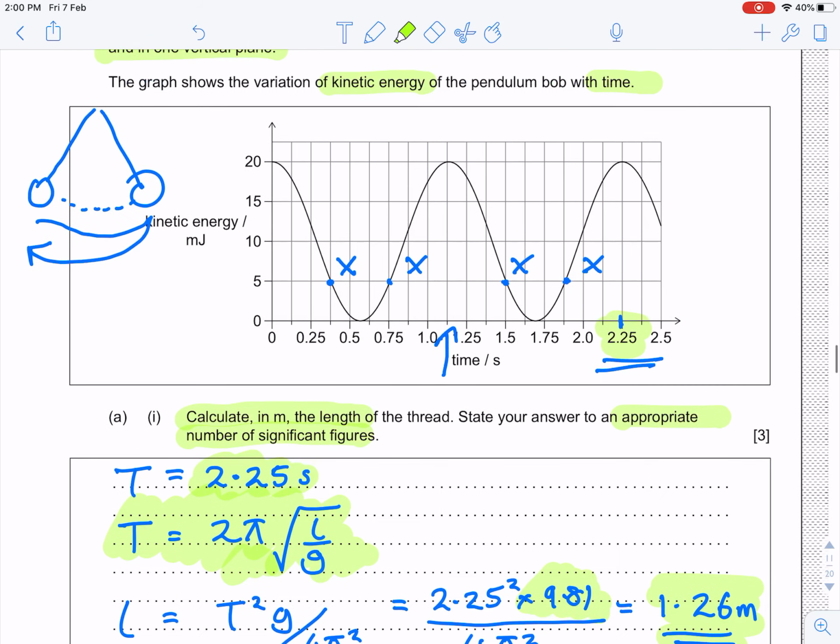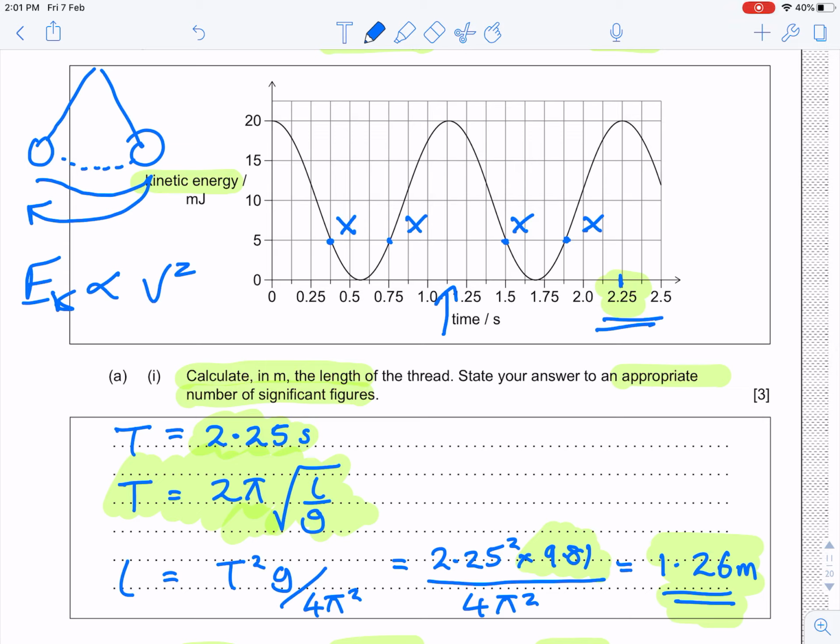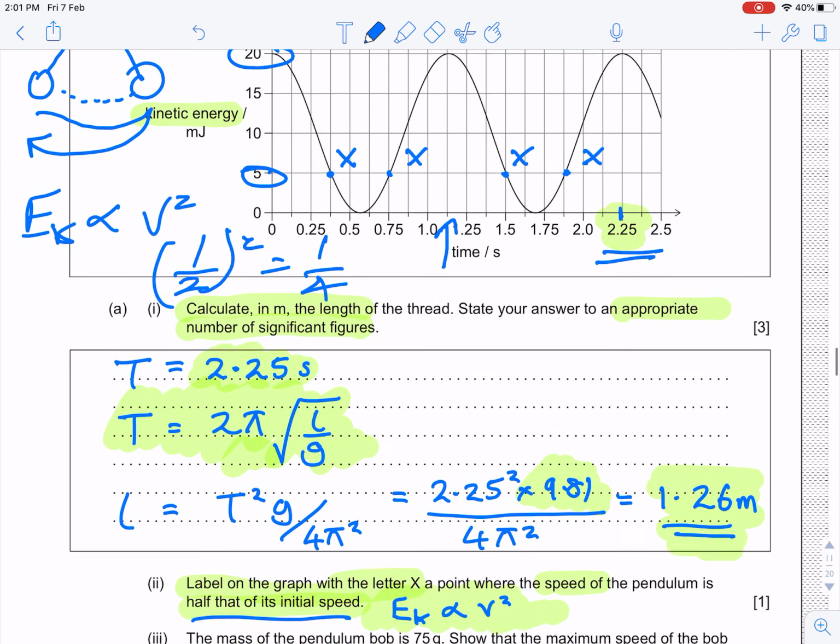So if EK is proportional to v squared, I want to figure out the point where the speed of the pendulum is half that of the initial speed. Well, that's going to be a point where the kinetic energy is actually a quarter of the initial kinetic energy, because if I've got 1 over 2 all squared, I'm going to get 1 over 4. So a point at any position along the graph, as I've labelled here, would give you the mark.